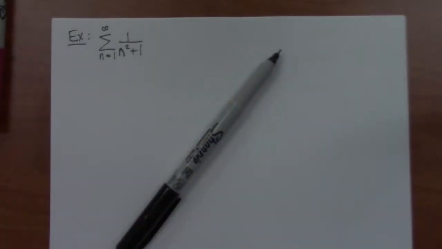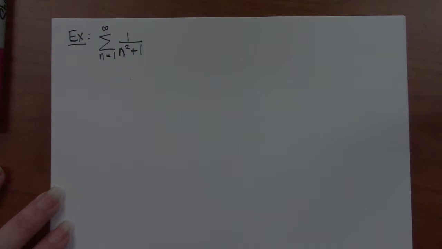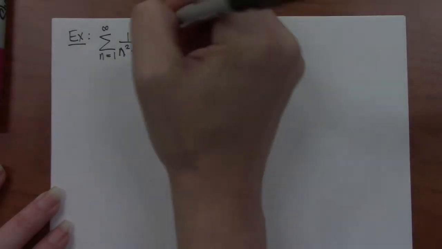One of the things that happens when we're looking at these improper integrals is the faster something goes to 0, the better chance you have of convergence, because that means the tail is thinner and those terms are going to get to 0 quicker.